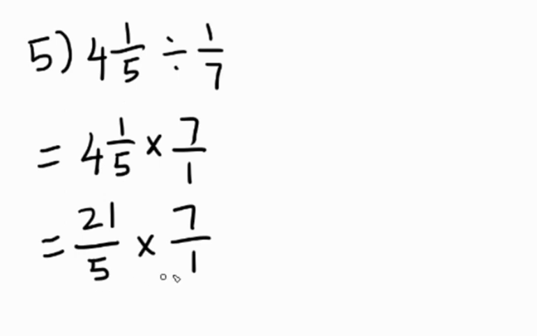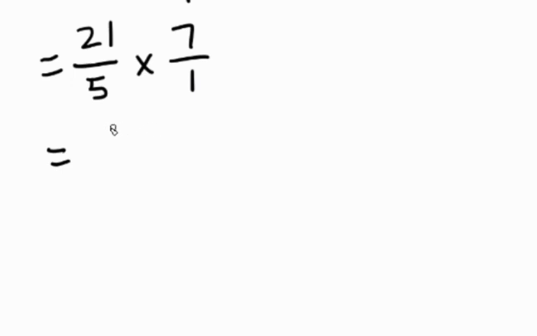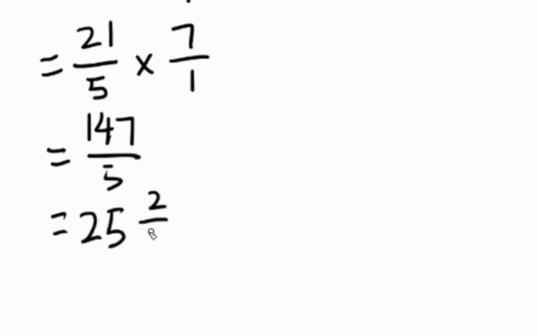Now, since we can't simplify any of this, we'll just do the basic multiplication. So this would equal 147 over 5. And now we will convert this to a mixed fraction, which is 29 and 2 over 5. And that is our final answer.